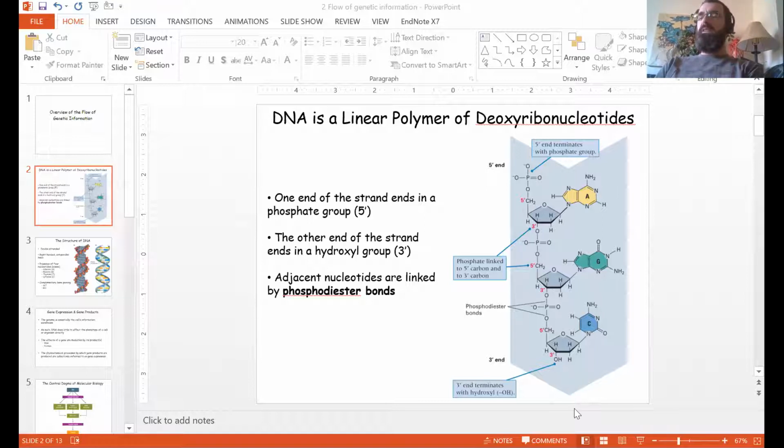And so this directionality is really important in DNA replication because you can only add new nucleotides at the 3' end. It's also really important in transcription and translation, right? Because your RNA molecule is only going to be synthesized also in one direction.